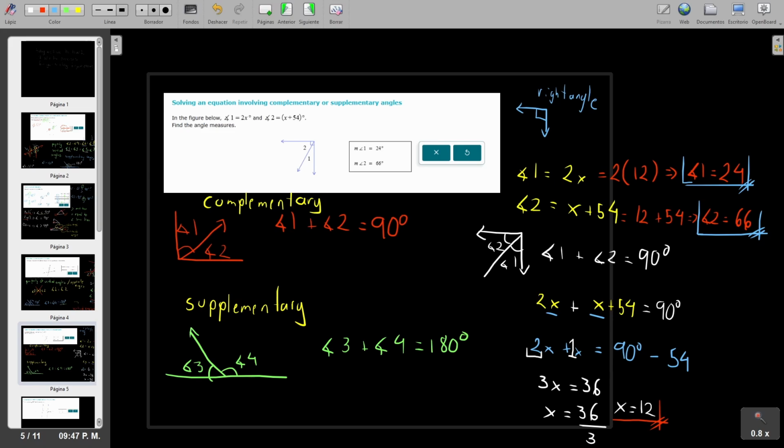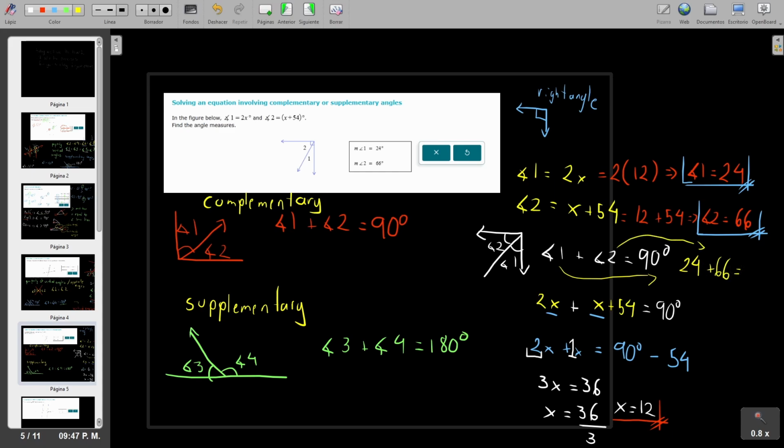But we also need to prove this. Angle 1 is how much? 24. I'm going to use, yes, yellow. Angle 1 is 24. Remember, angle 1 equals 24. And angle 2 is going to be how much? That is correct, 66.